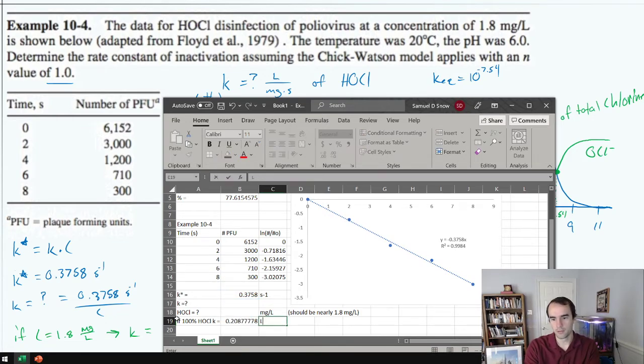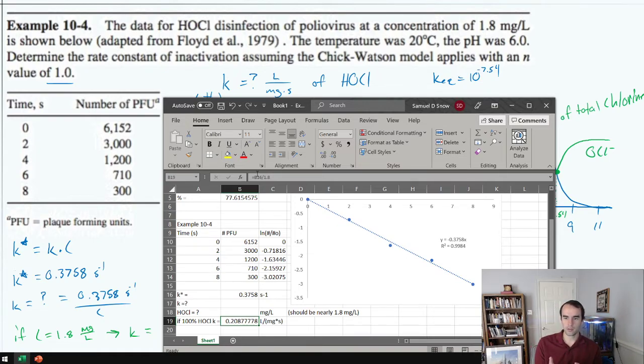And this is going to give us a value of 0.209 liters per milligram per second. Okay, so this is the case if all of it went to HOCl.